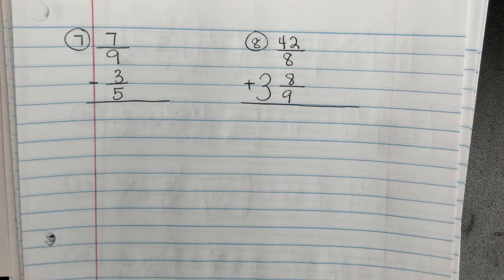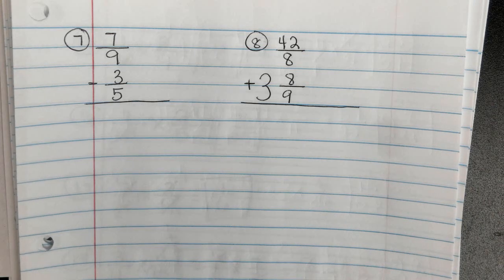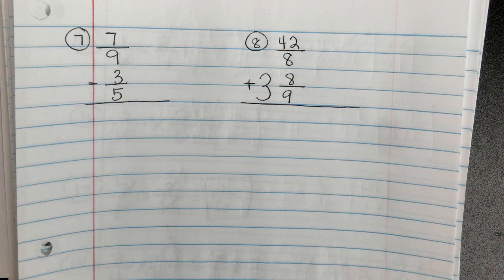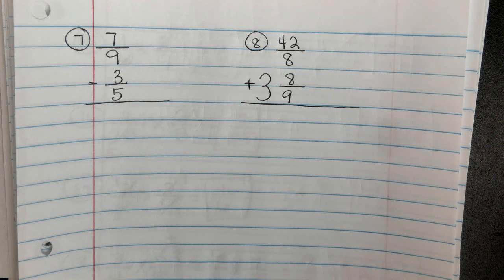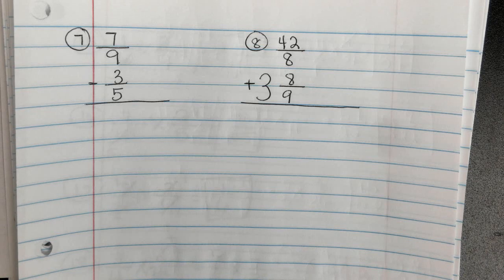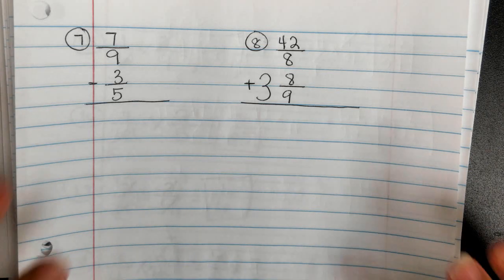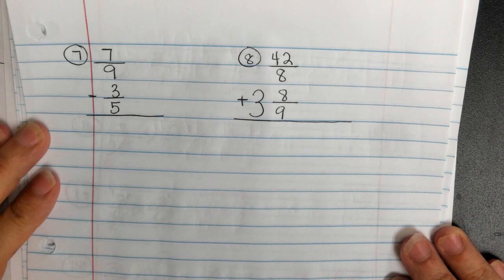I'll give you a minute to see if you can remember what to do. Now, I'm going to go kind of deep on how to do these. I've got some kids still really confused, but you have been doing this since at least probably 4th grade.